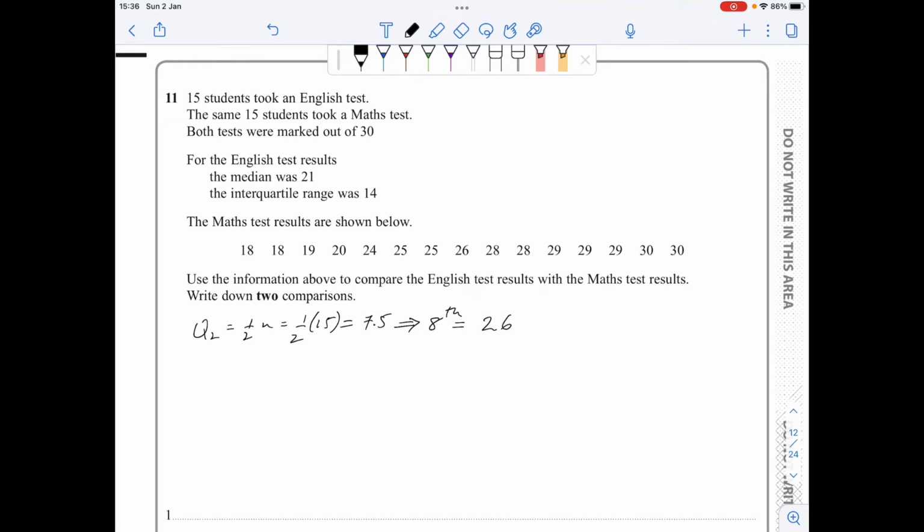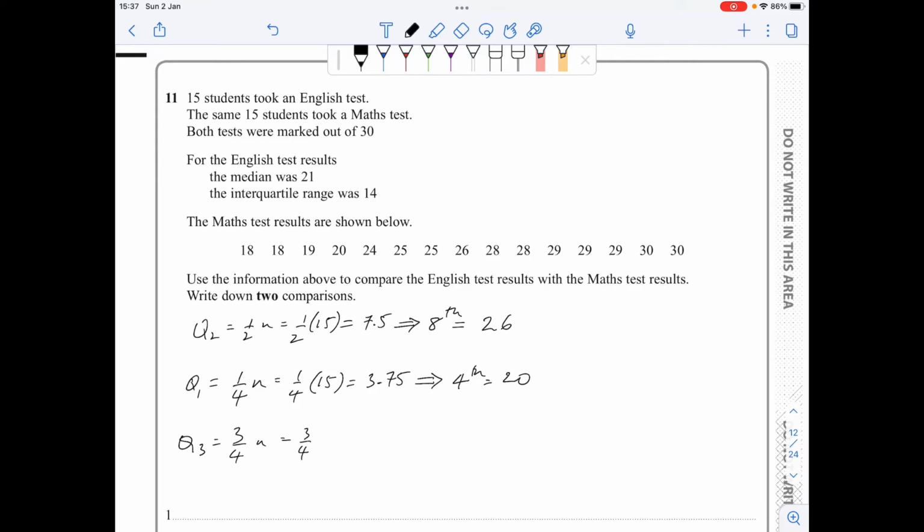Now to find the interquartile range, I'll find Q1, Q3, and then subtract. For Q1, I will get a quarter of n. So a quarter of 15 is equal to 3.75. I will round to the next one. So 4th observation, which is the 20. And then for Q3, that's 3/4 of n.